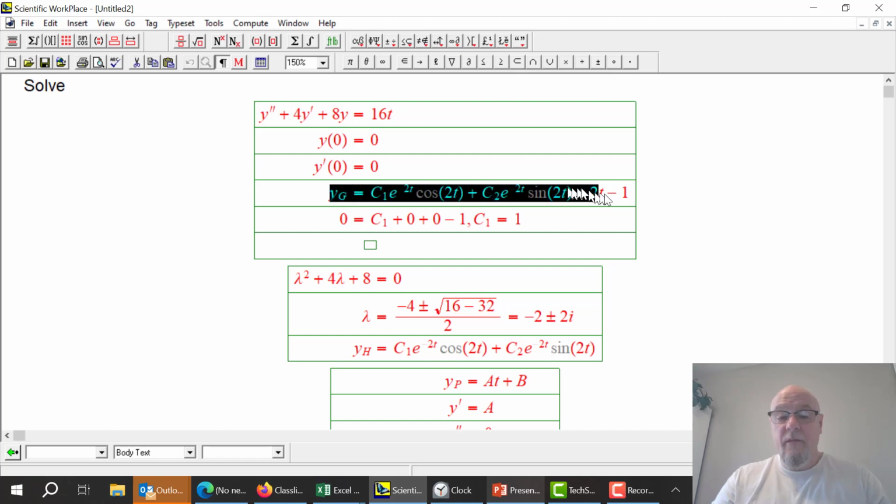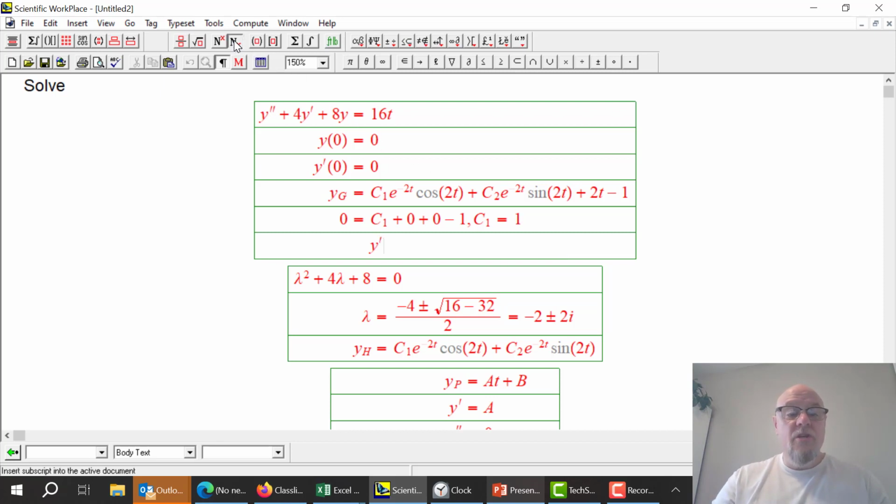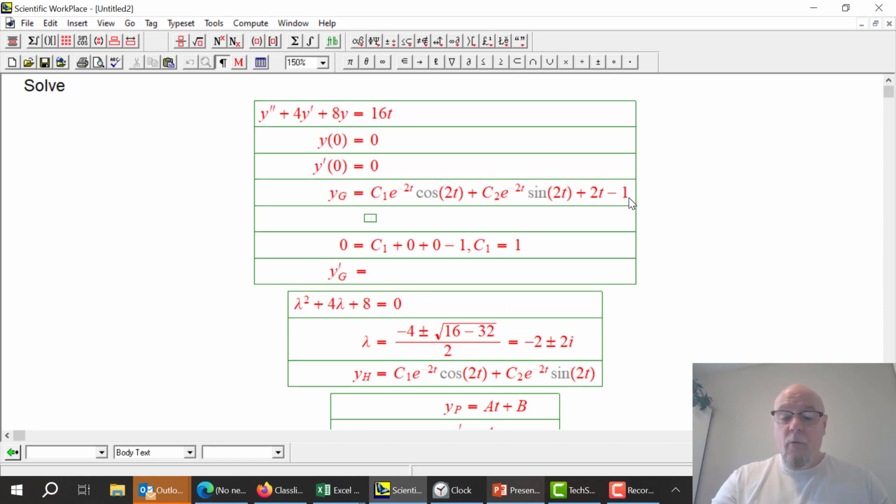Now, for the second condition, I need this derivative. So I'm going to take this function and I'm going to differentiate it. So y' general. Okay, I got to do some product rule here. To make my life a little bit easier, because I'm going to have to do product rule here and here, I'm going to write the general solution a little bit differently.